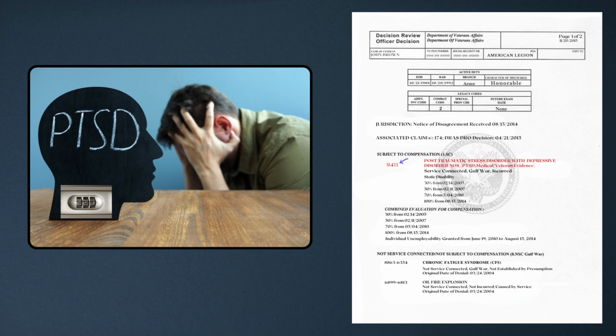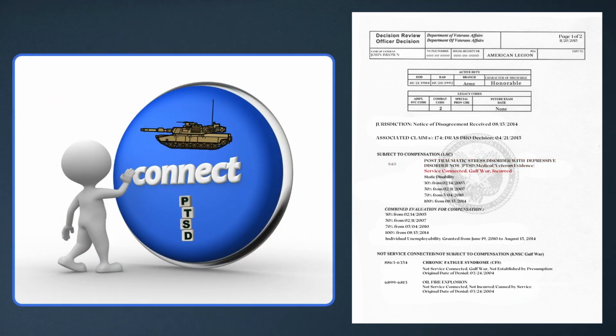This section also mentions medical evidence and the veteran's evidence for his PTSD. During his time in the military, Mr. Brown was an armored crewman, or a tanker, and he served during combat operations during Desert Storm and had several traumatizing experiences that caused his PTSD.